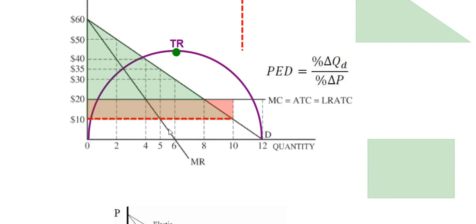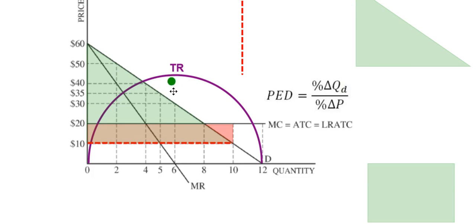It's over 1. Because as you increase your quantity, your price is coming down, or the percentage change in the price is decreasing less. Let me make sure I said that right.